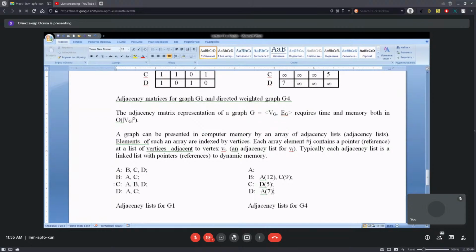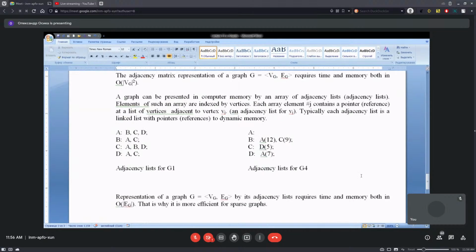It doesn't give any details of memory representation in computer memory. Here we just say A is adjacent to B, C, D. That's it. But how to actually represent it in computer memory so that we can work with this list conveniently? Nothing is said. We'll discuss it in another course, algorithms and data structures.